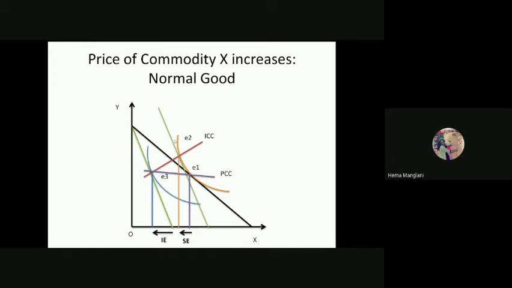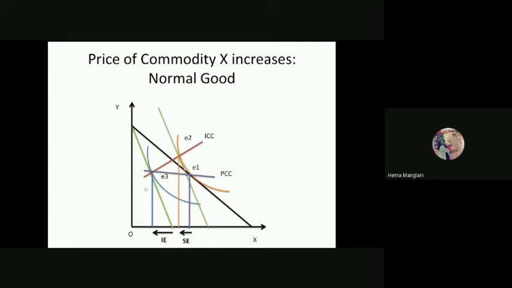Now, at this E2 position, the consumer would realize that because of the change in prices, the prices are now higher, so your income is struggling to get more of Y and more of X both. In that case, your real income is declining and the consumer would come down from E2 to E3, a lower indifference curve, from orange to this blue one.